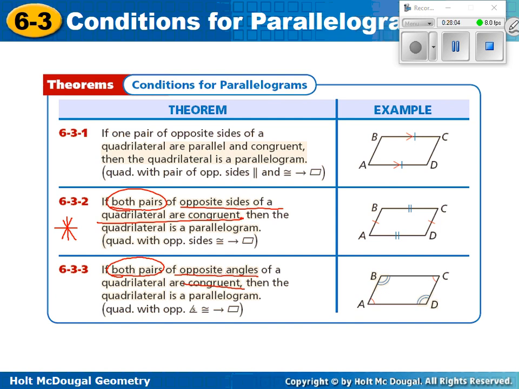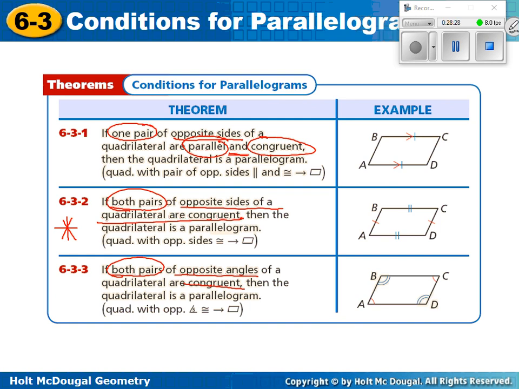The sixth way to prove it's a parallelogram is if you have one pair of opposite sides, just one pair, not both pairs, but those opposite sides have to have both properties that they are parallel and congruent. The same pair has to have both properties.